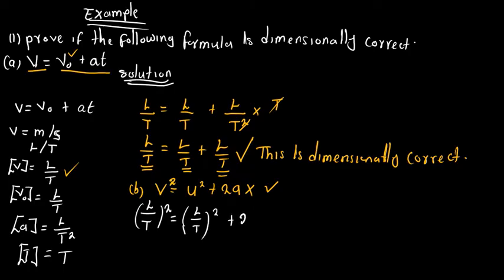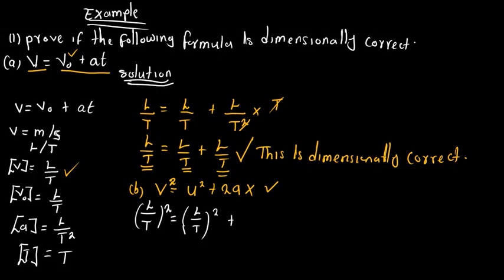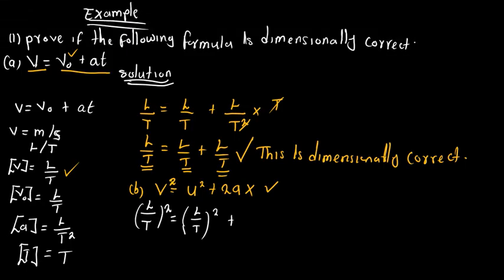Plus, now under dimensional analysis, we do not consider constants. So we won't write the 2. Okay? We don't consider constants. We only consider letters. So in this case, where there is acceleration, we know that the dimensions is simply L over T squared, then everything multiplied by L, which is x.